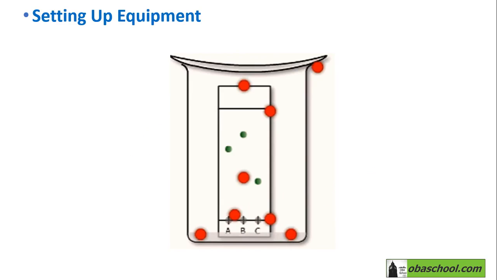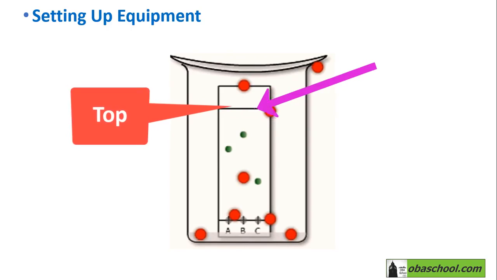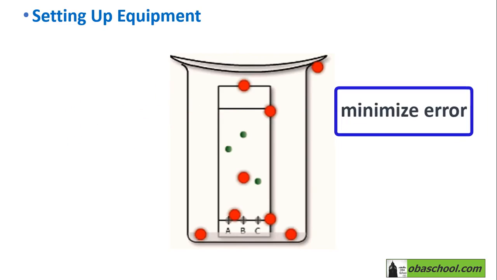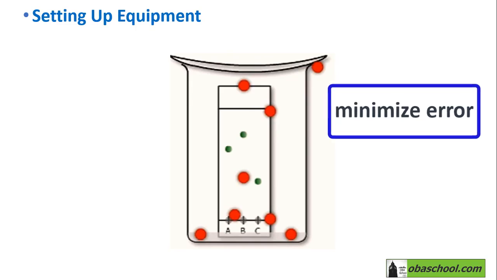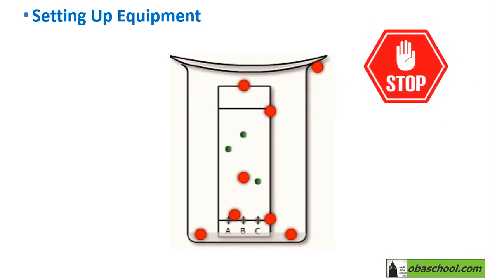Another thing to be careful about is that we should run the thin layer chromatography until the solvent has almost reached the top of the plate here. This will ensure you minimize error in measuring the distance traveled by the solvent front and the sample spots. So we should always wait until the solvent reaches this line and then stop.